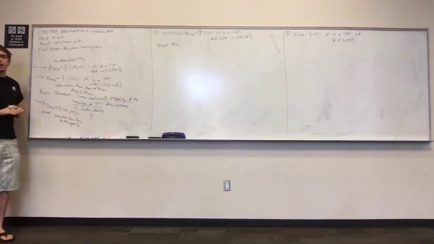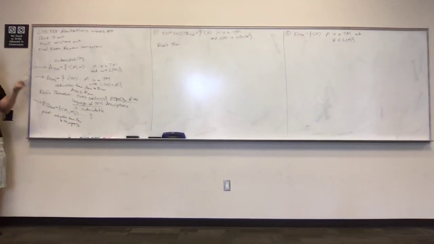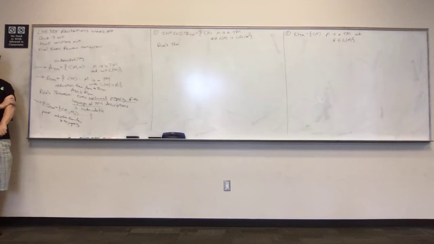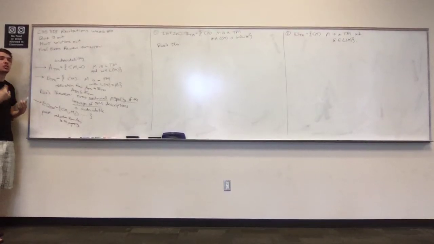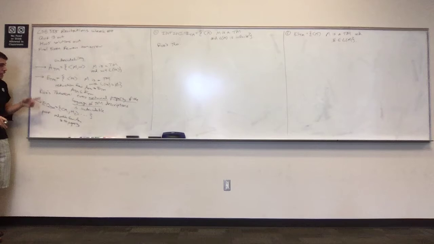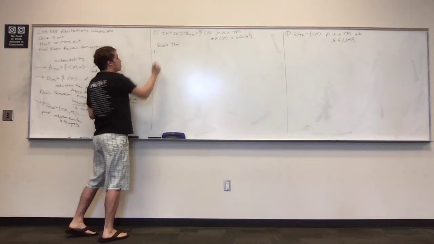Well, can I apply Rice's theorem to this language? Let's check. Does it consist entirely of single Turing machine descriptions? Yeah, so that's an easy check. That doesn't mean I can apply it, it just means I can't rule it out. All right, is it a property of the language of Turing machine descriptions?